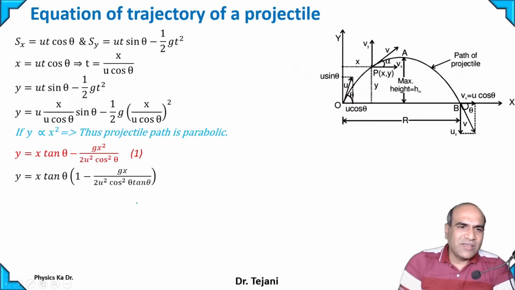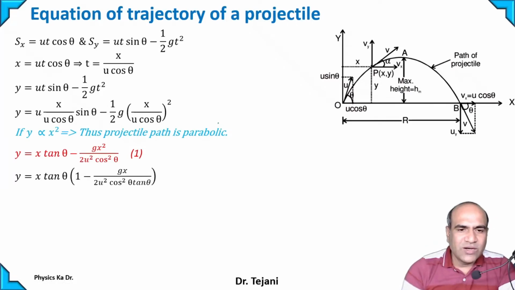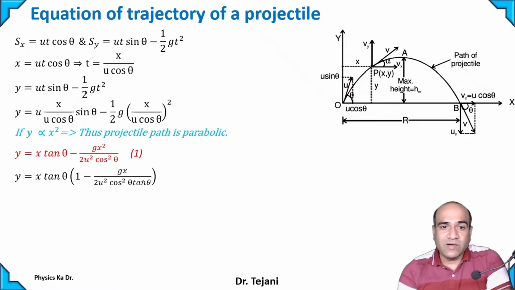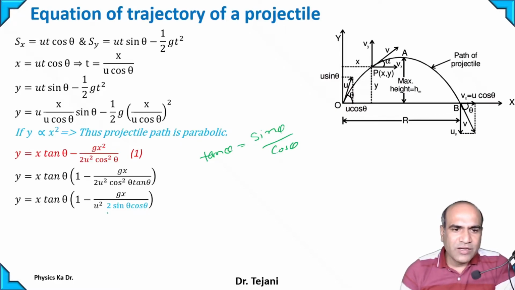Then next, if you take tan theta outside, tan theta times 1 minus, you just multiply with tan theta the second term in the division part. So here 2 u square cos square theta over tan theta, and we know that tan theta is equal to sin theta divided by cos theta. One cos will be cancelled, so it becomes 2 sin theta cos theta.